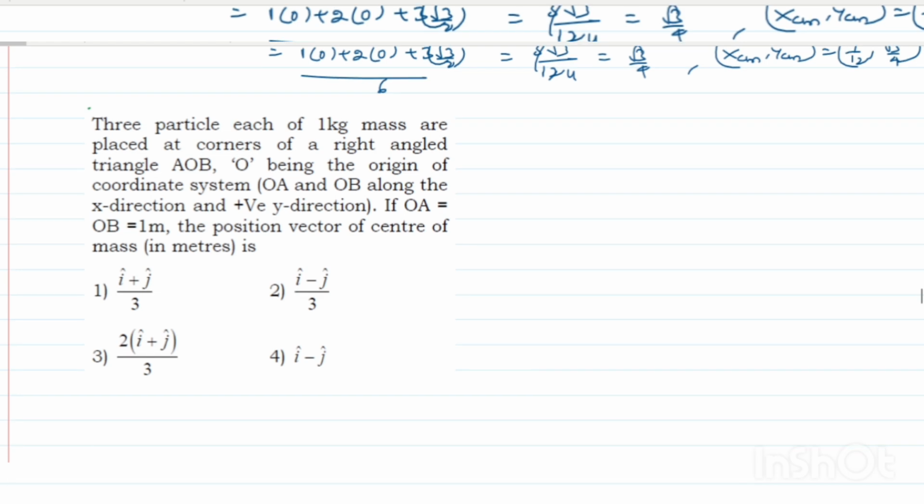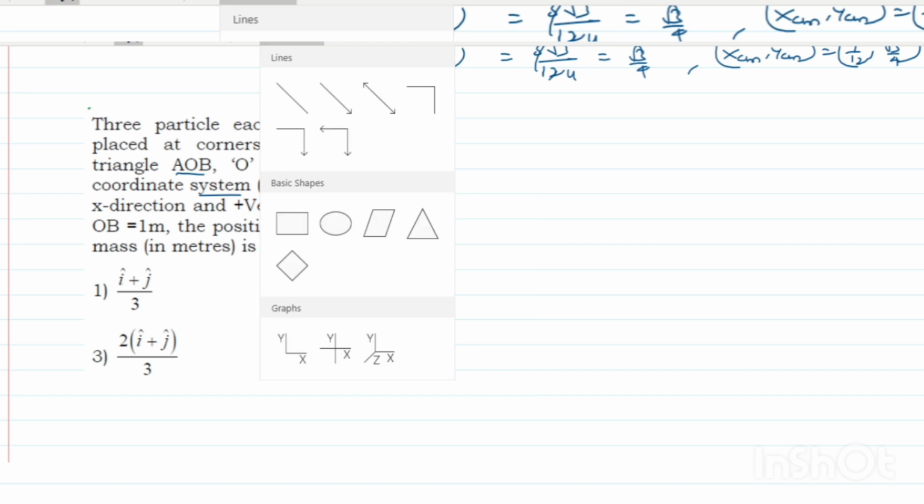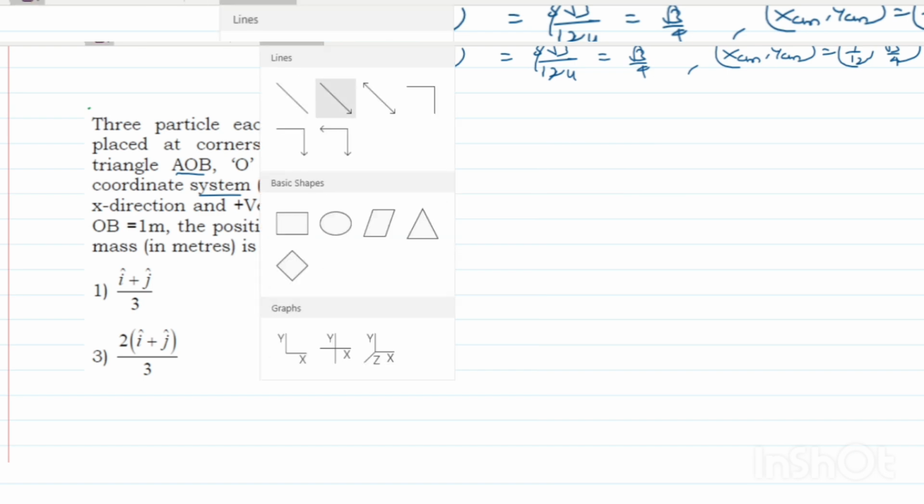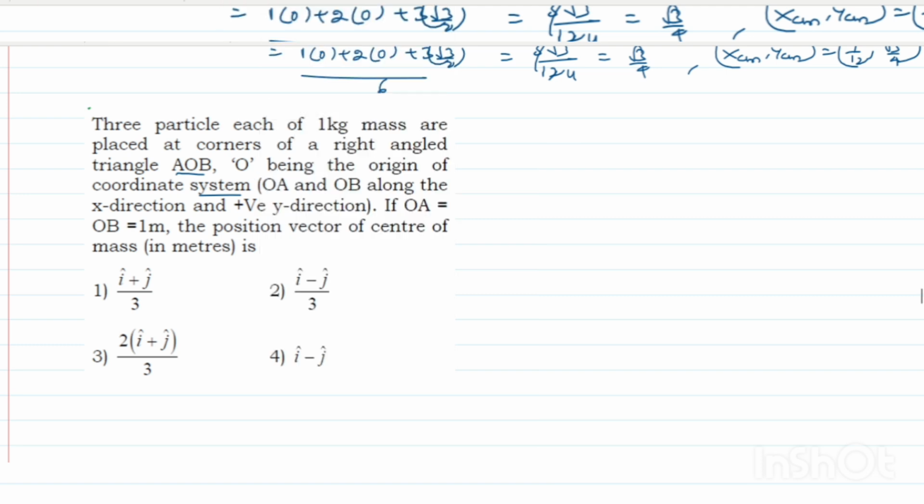Here 3 particles, each of mass 1 kg, are placed at the corners of a right angle triangle, given as AOB, O being the origin of the coordinate system. It's a right angle triangle, students.